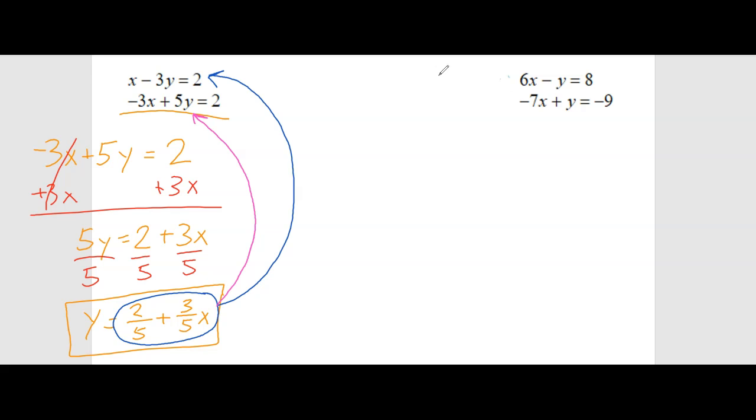That is not going to work because you're using the same equation twice, right? You would be trying to solve the system using only a single equation. So make sure that when you substitute the expression in for whatever variable you solve for, you substitute it into the other equation.